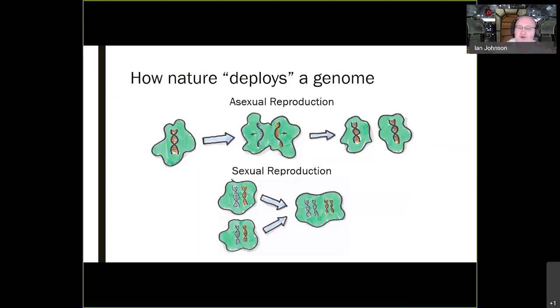Now that is probably not the end of it, because we don't reproduce in that way. So over time, we produced sexual reproduction, which means that we take two cells from two parents, we combine them together, and each parent brings its own copy of each chromosome.